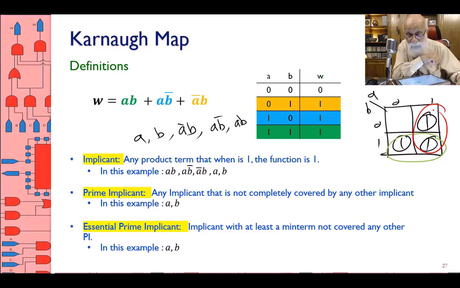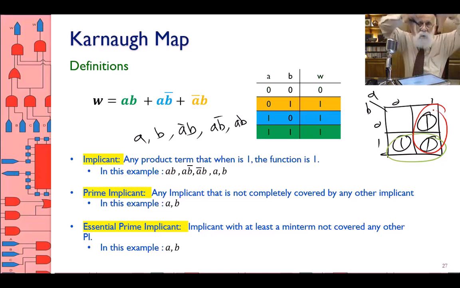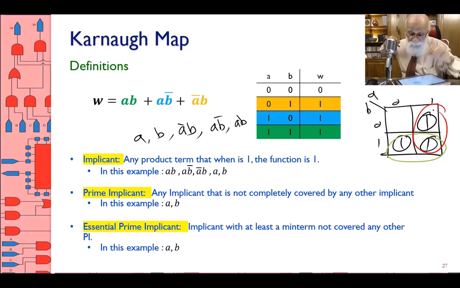In this function, 2 of my implicants are not completely covered by any other implicant, the green and the red. The black ones are all completely covered by upper level implicants, but the green and the red do have overlap, but they're not completely covered by anyone larger than that.